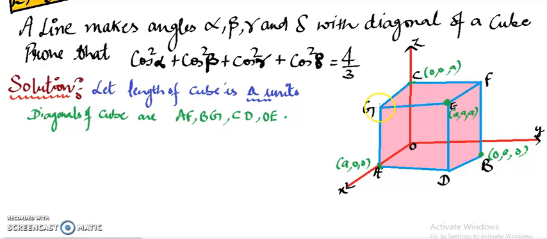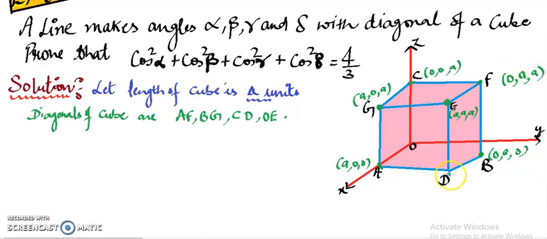Now come to the G point. As you can see, G point lies on the XOZ plane. Therefore, the G point will be a, 0, a. And now F point is in the ZOY plane, so F point will be 0, a, a.